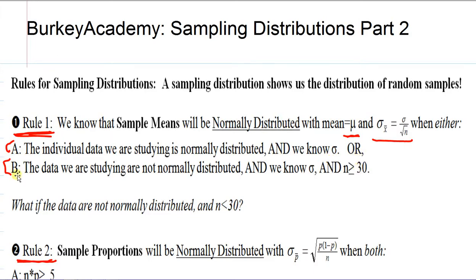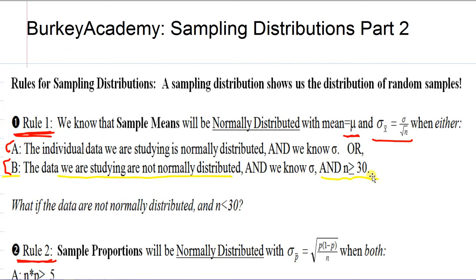Or B, suppose you're studying something where the data you're studying are not normally distributed. Then, if you know the population standard deviation, you can make up for the fact that the data you're studying is not normally distributed if your sample size is big enough. 30 is usually big enough.